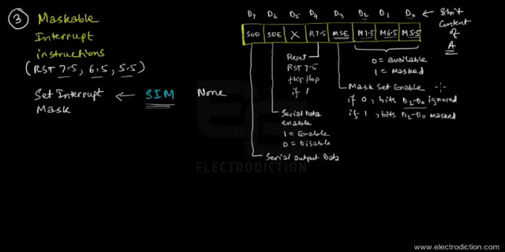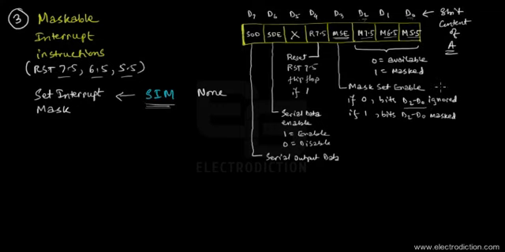If we keep the MSE bit, that is bit D3, at logic 1 level, then the bits D2 to D0 would just be masked. I'm sorry, I made a mistake over here, just don't mind that.